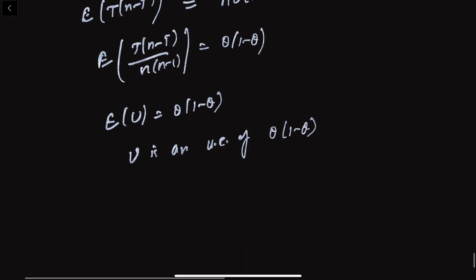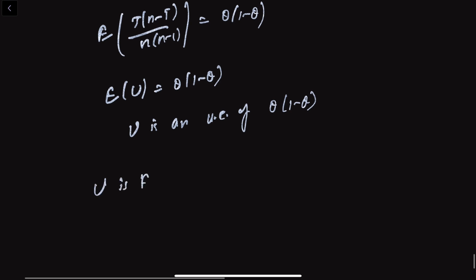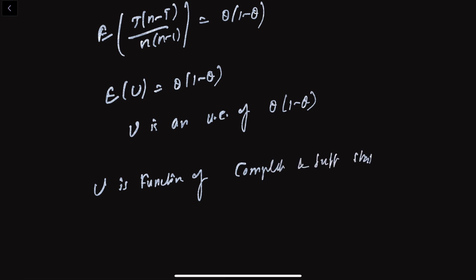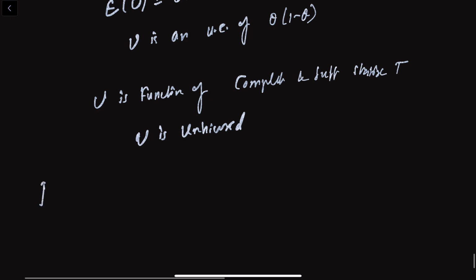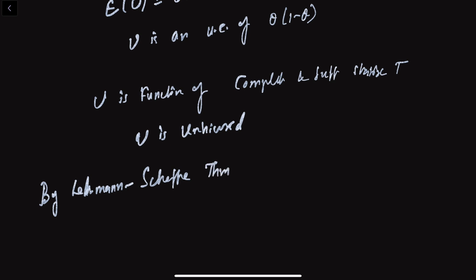Now we can clearly see U is a function of a complete and sufficient statistic T, and it is also unbiased. So we can use the Lehmann-Scheffé theorem. From the Lehmann-Scheffé theorem we can say U is the unique UMVUE of theta into 1 minus theta.